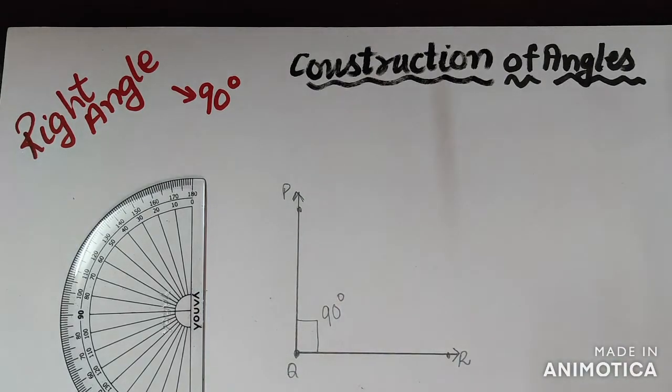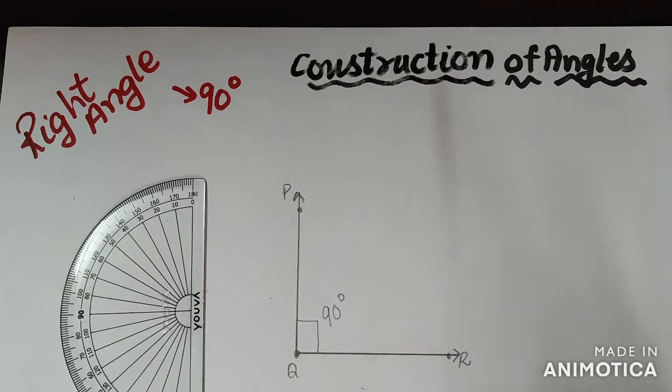Now after doing this, what will you do? You will name the angle and classify the angle also. You will write it down as angle P, and you know the vertex will always be in the center where the angle is made, or PQR, or you can say angle RPQ is equal to 90 degree.